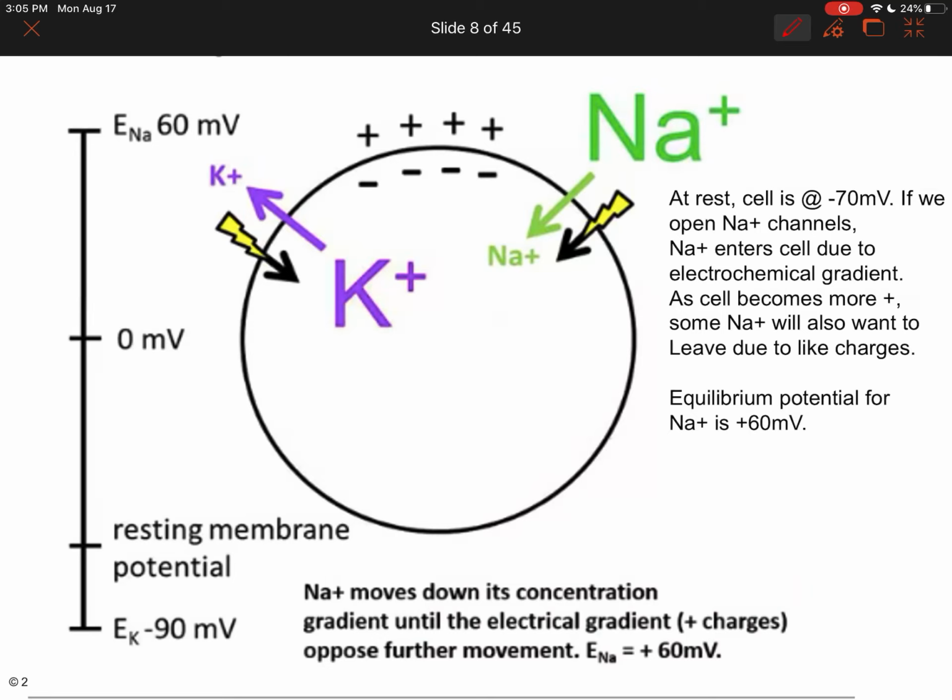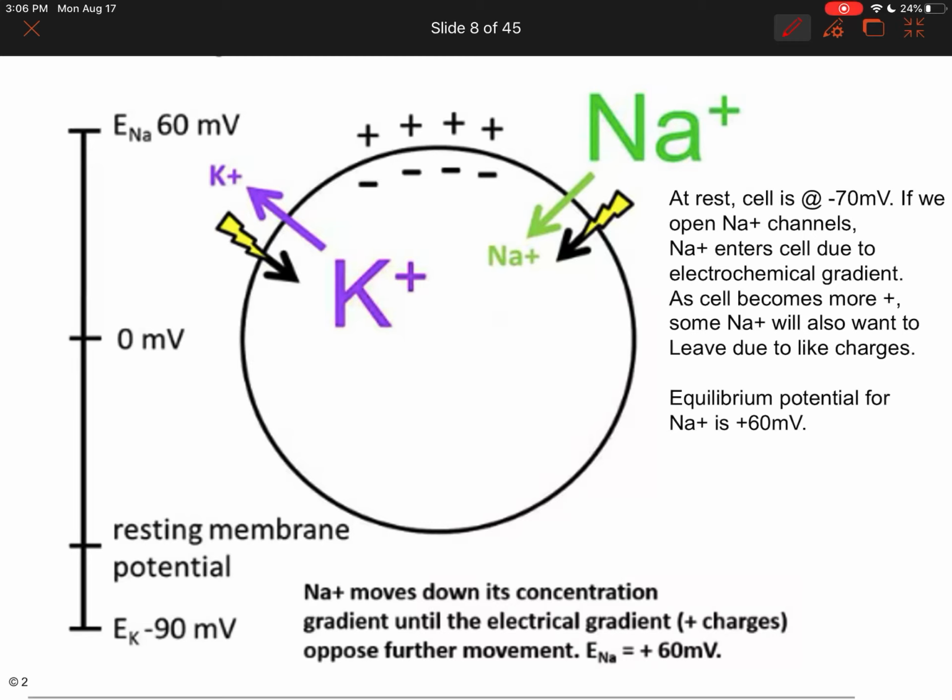All right, let's look at sodium. Actually, let me back up and talk about the equilibrium potential for sodium. It turns out that sodium wants to move into the cell through both the concentration gradient and the electrical gradient.